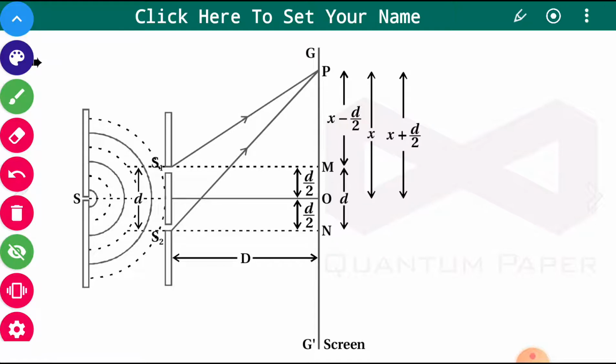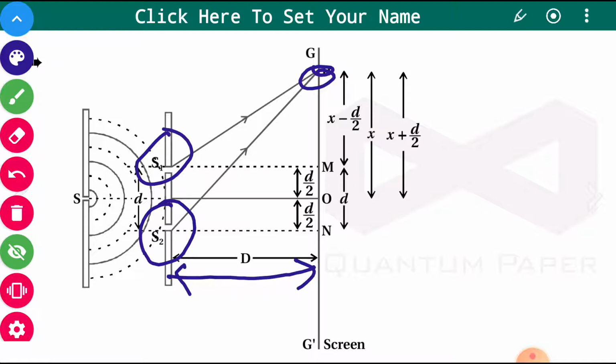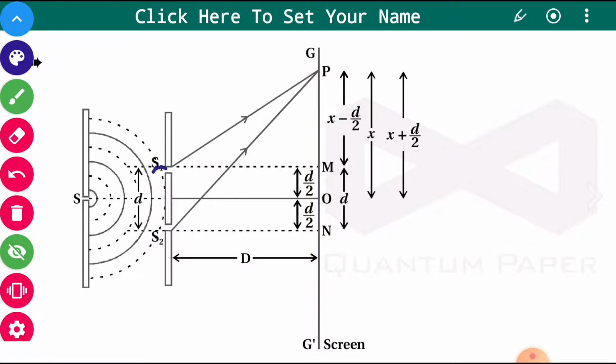So these are the two sources. Now this point P is here on the screen, and this is the source S1 and this is the source S2, and the distance between S1, S2 and the screen on which the interference pattern is produced is capital D. And the distance between these two sources, S1 and S2, is d.